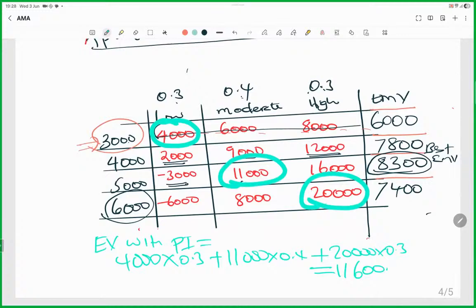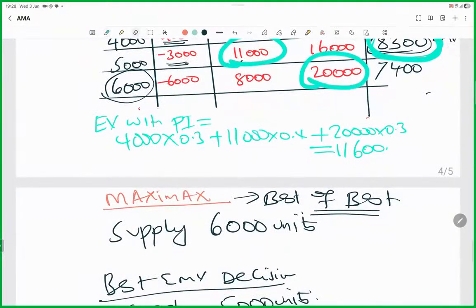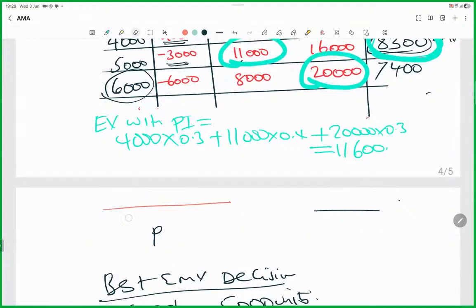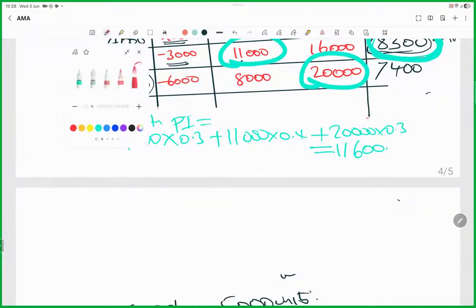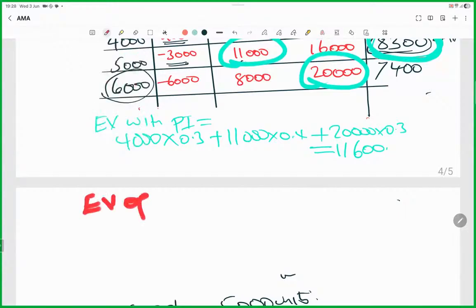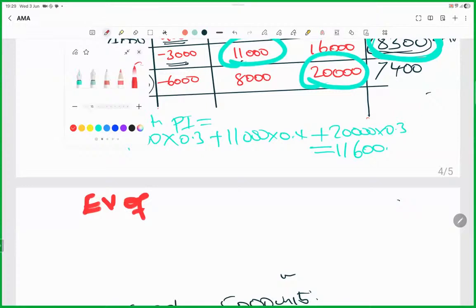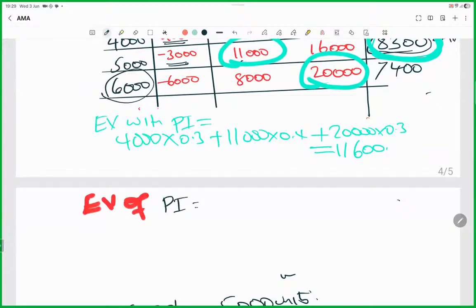And do you remember the best EMV? This is the best EMV here, at 8,300. So therefore, my EV of PI will be equal to EV with PI minus what here, somebody?